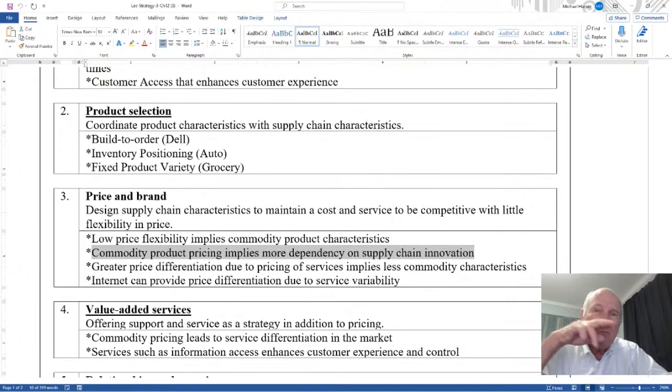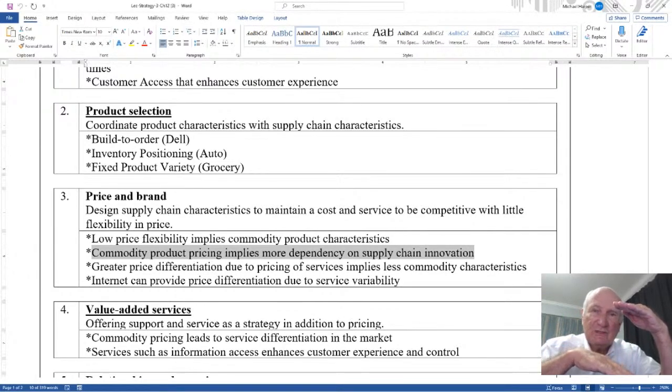Because with commodity pricing, if the price isn't going to change, then where's your profit margin? It's on your cost. And the lower the cost, the more the profit margin, or the lower the cost, the lower the pricing. Well, if the price has low flexibility, you can't lower it that much, but you can lower your cost.